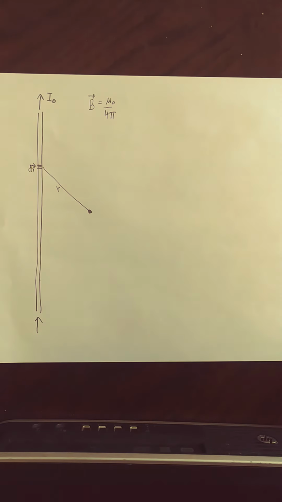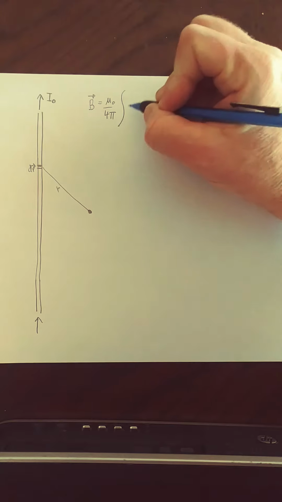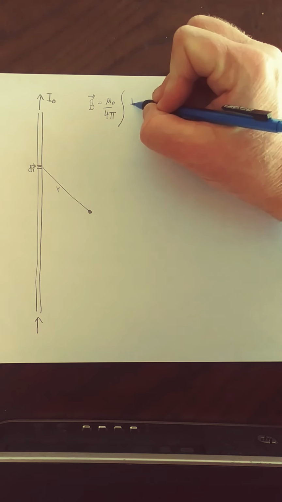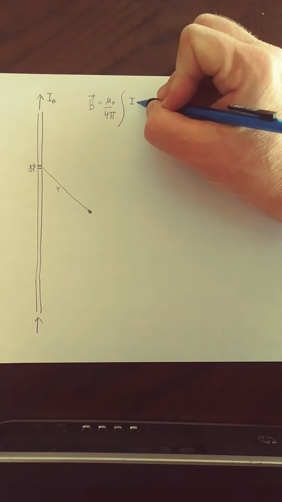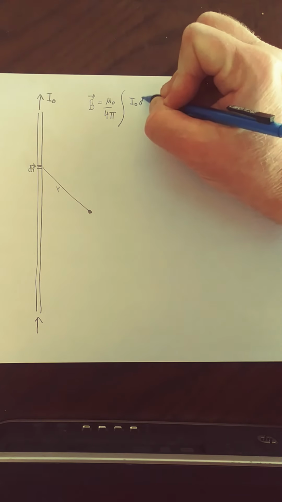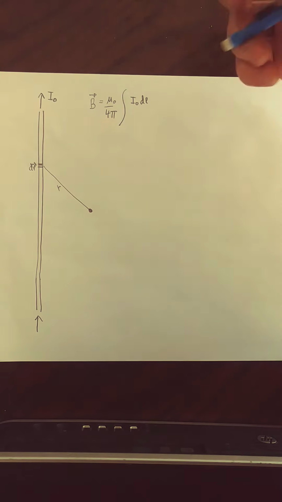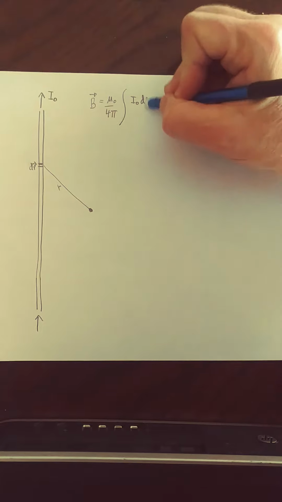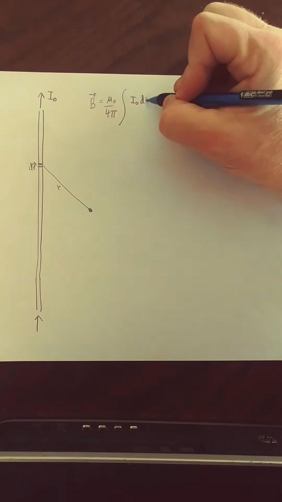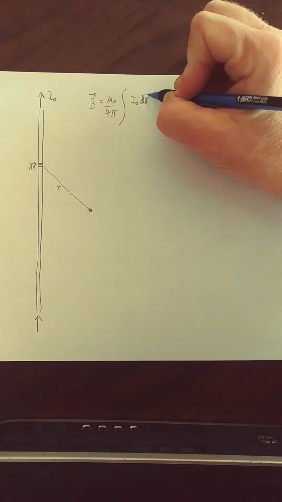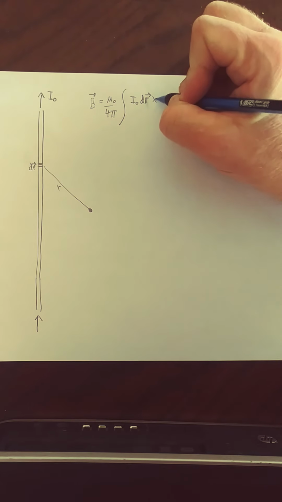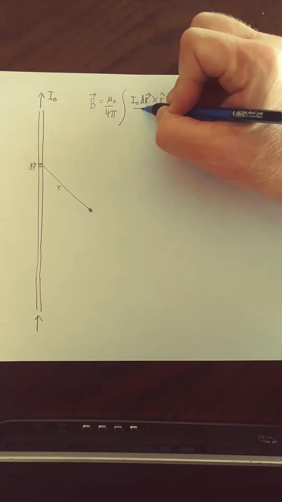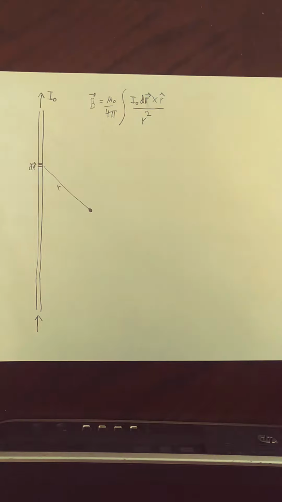It's some constant, mu naught over 4 pi, times the integral of I, in this case I naught, dl, or dr rather, I labeled it as dr, cross r hat over r squared. So it's that kind of quantity that we have to figure out how to evaluate.